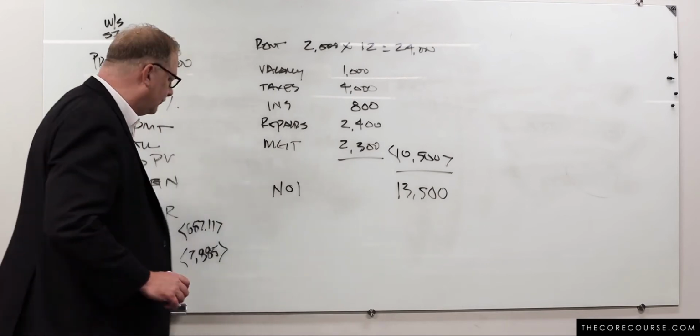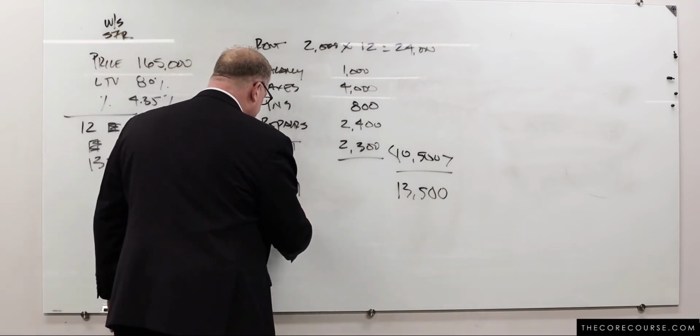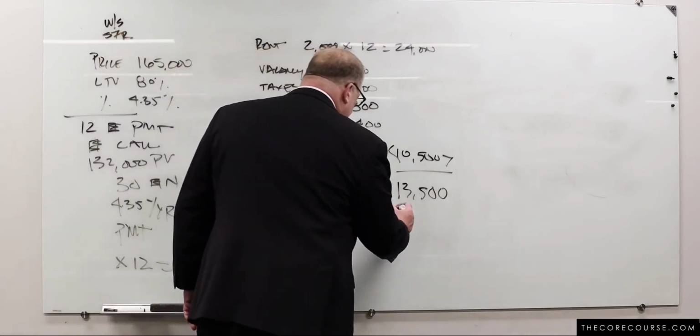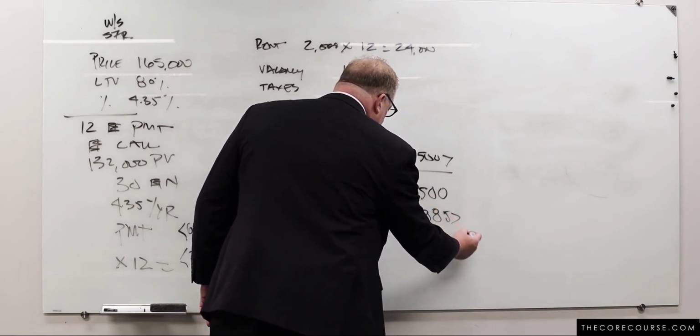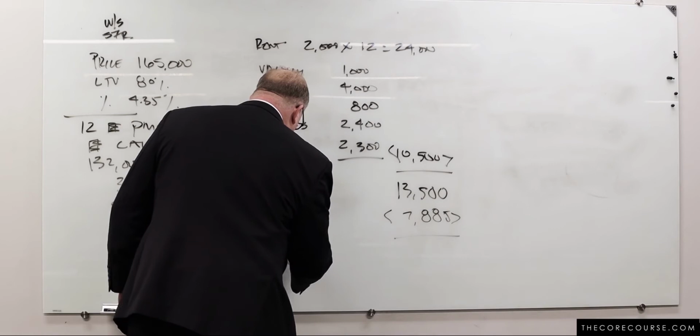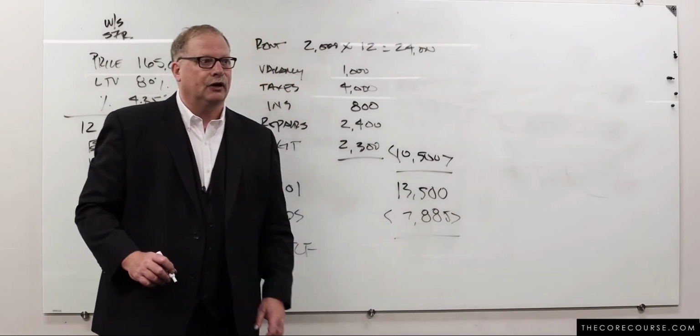We then subtract the annual debt service. $78.85. And that gives us the pre-tax cash flow. So what is the pre-tax cash flow on this property?